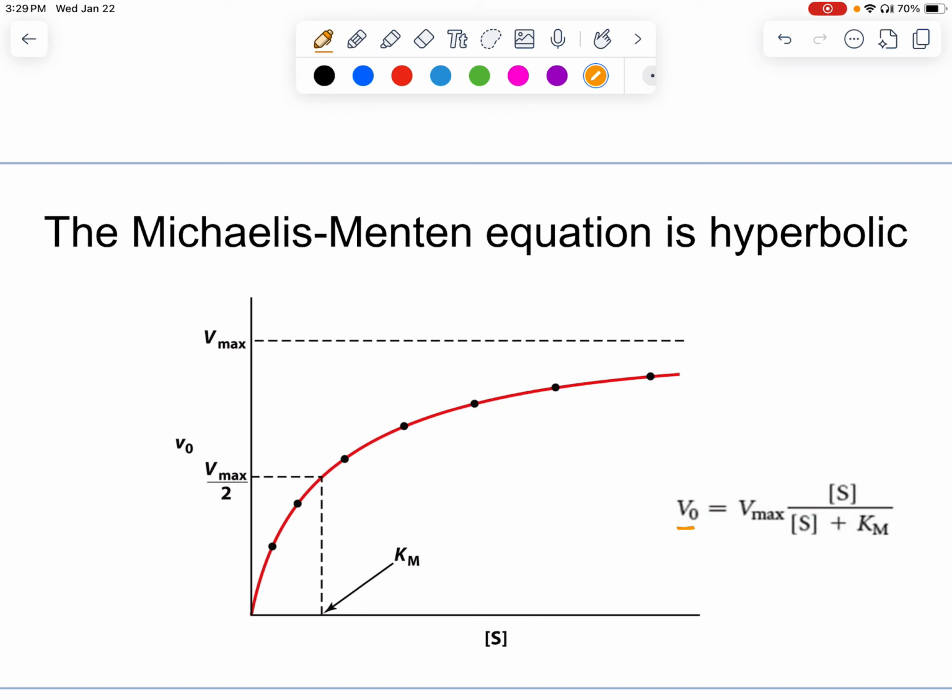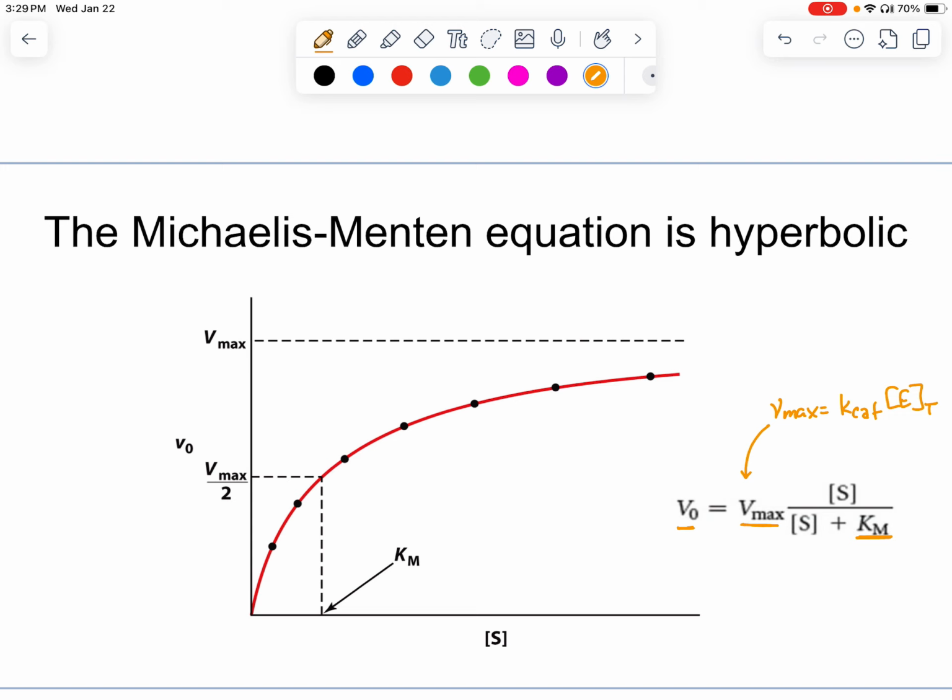Remember, that's reaction rate. The maximum velocity, if you remember, is equal to kcat times the enzyme total, times substrate concentration over substrate plus the Michaelis-Menten constant.